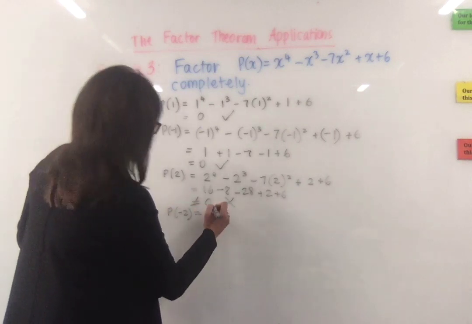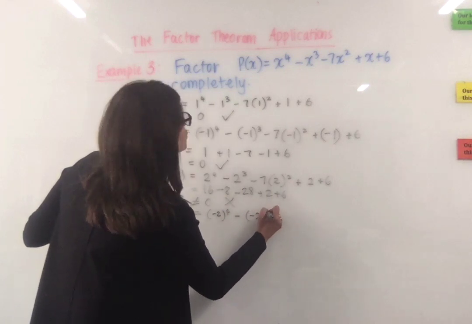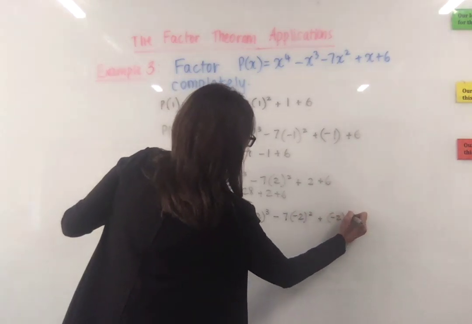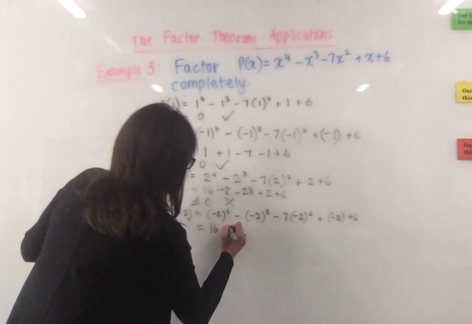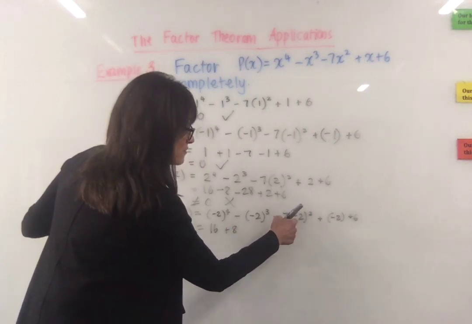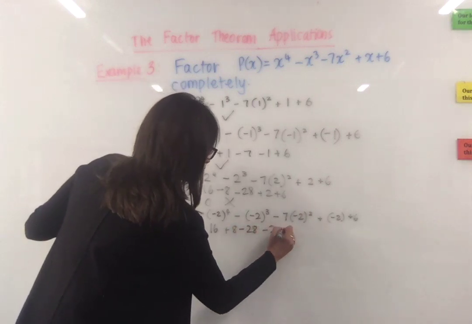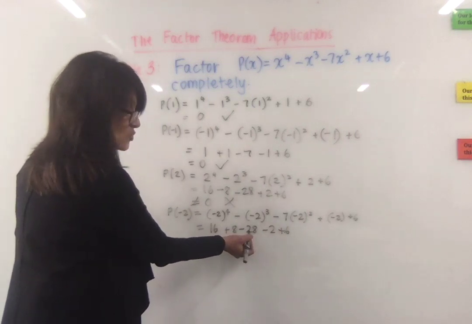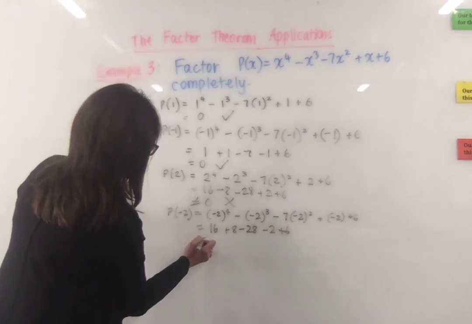So now we're going to substitute negative 2, so negative 2 to the power of 4 minus negative 2 cubed minus 7 times negative 2 squared plus negative 2 plus 6, which will give us 16 plus 8, negative 2 squared is 4 times negative 7 is minus 28, minus 2 plus 6. 16 and 8 is 24, minus 28 is negative 4, minus 2 is negative 6, plus 6 is 0.